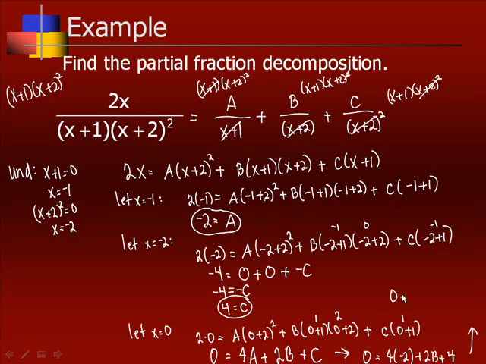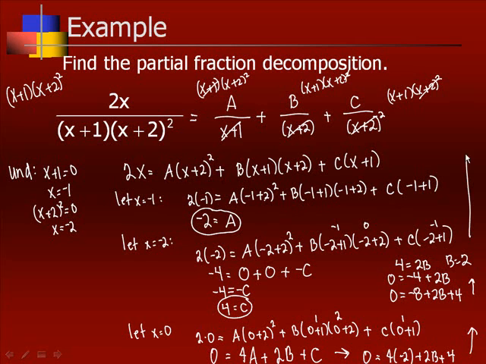So that says 0 equals negative 8 plus 2B plus 4. Working up, 0 equals negative 8 plus 4 is negative 4 plus 2B. Adding 4, we get 4 equals 2B, which means B is equal to 2.